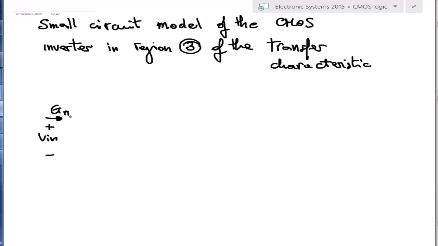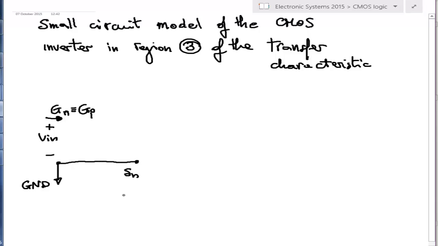These are the gates. The gates are at the same node. Gn is the gate of the N MOSFET, Gp is the gate of the P MOSFET, right? Then this is ground. Of course, the source of the N MOSFET is ground, but also from the point of view of small signals, the source of the P transistor is at ground because it is at VDD, at a constant voltage, right?